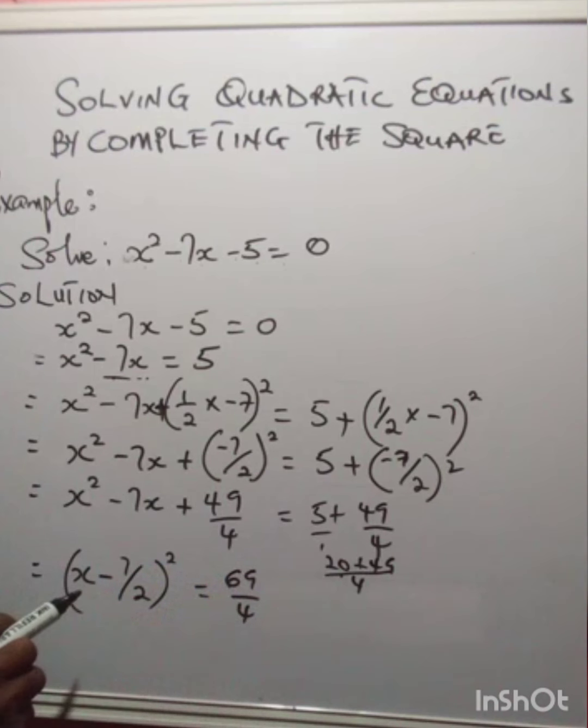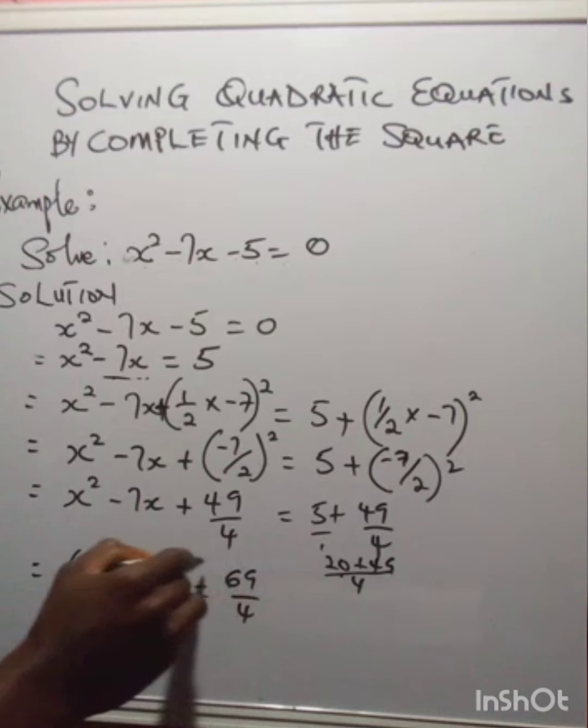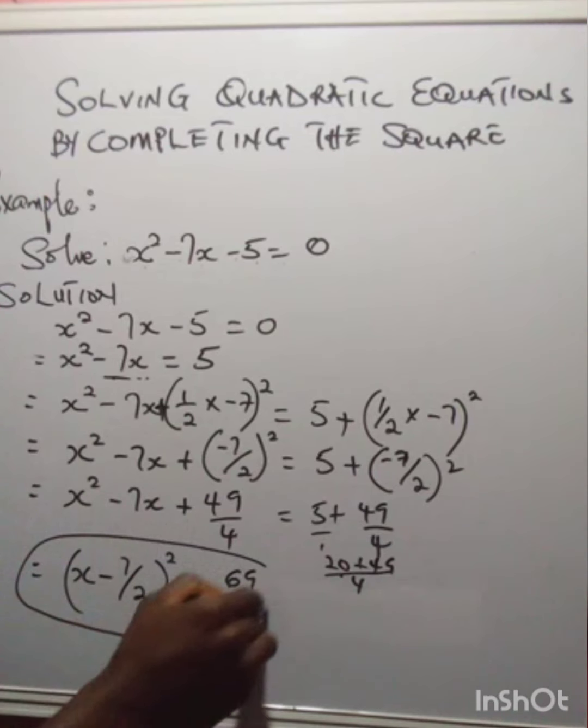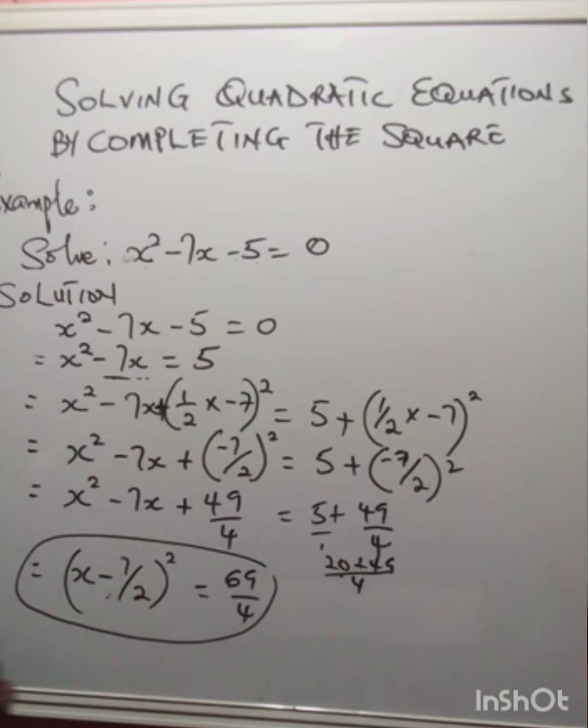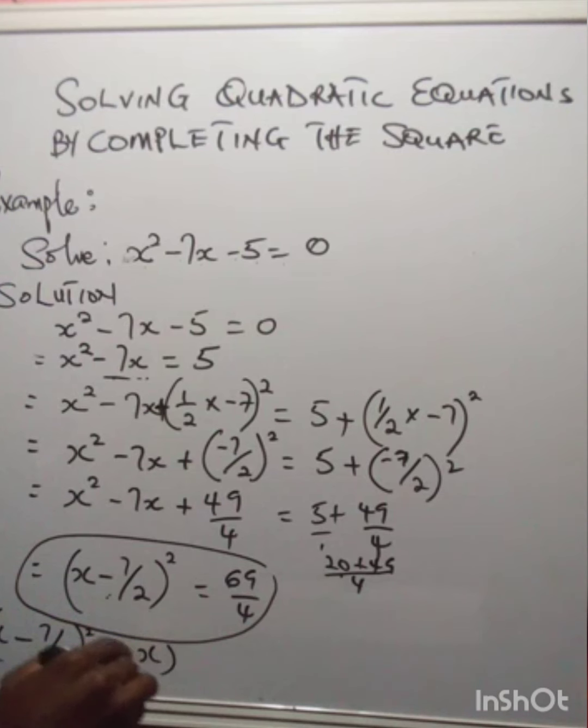Now, I'll explain how we got this term. Generally, x minus 7 over 2 all square, we square the first term, which is x all square.